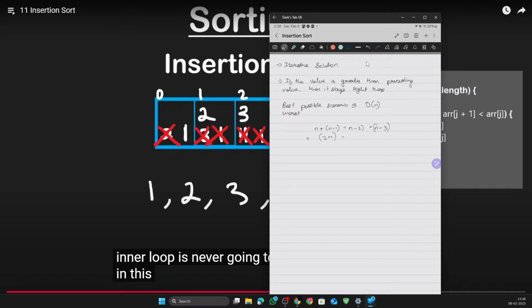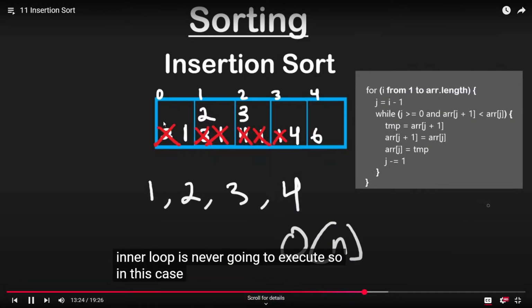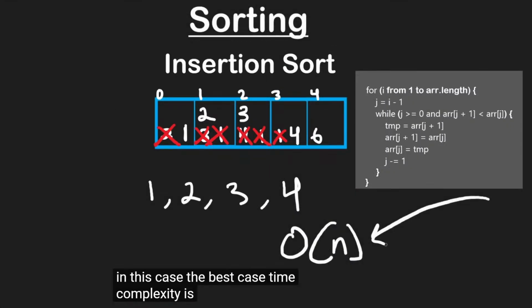It will be 2n, so it's still n, and that's not fair. It is n. In this case, the best case time complexity is big O of n.